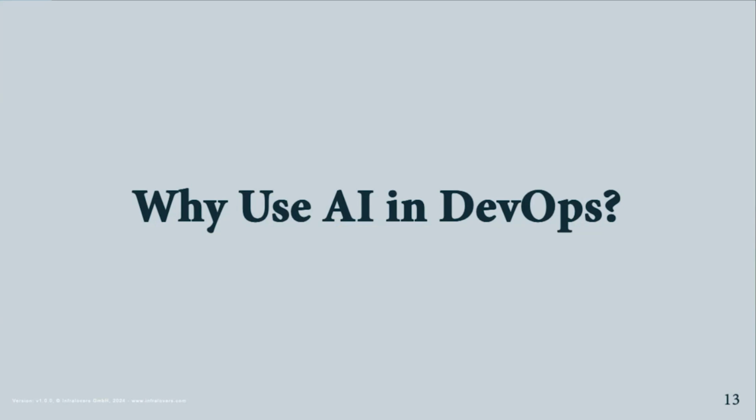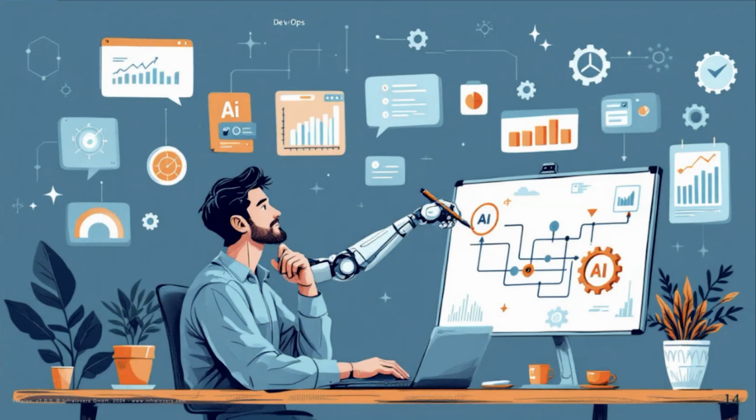So how can AI step in and solve these challenges in DevOps for us? Well, first of all, AI can assist developers and operation teams in making faster, data-driven decisions by providing insights or recommendations based on real-time data, which is crucial in an environment where insights at the right time can significantly impact the project outcomes.